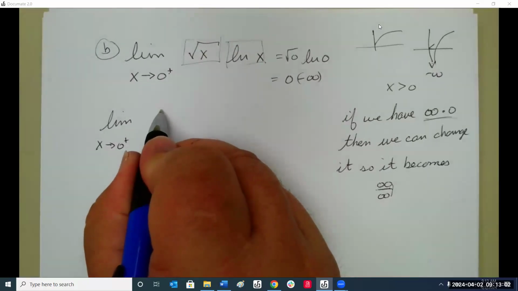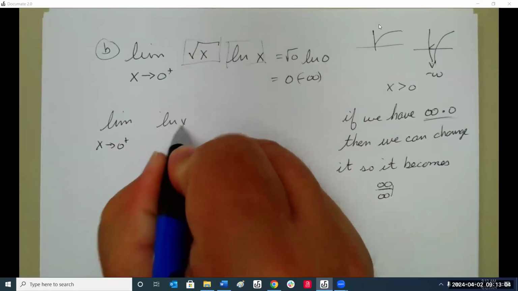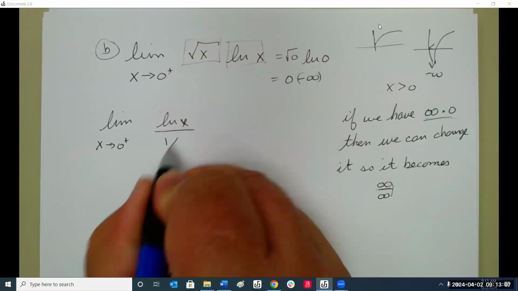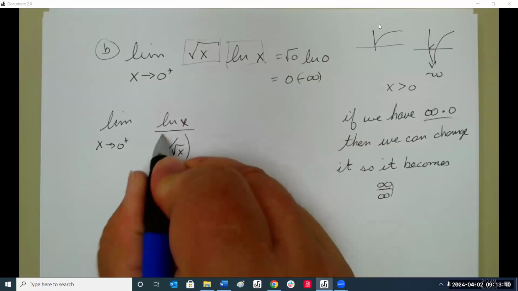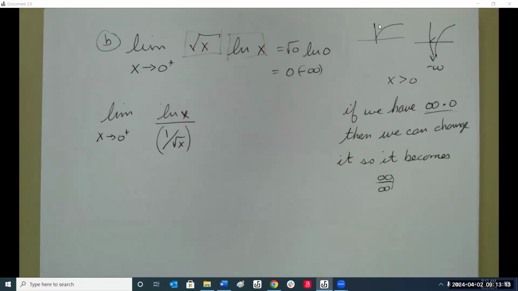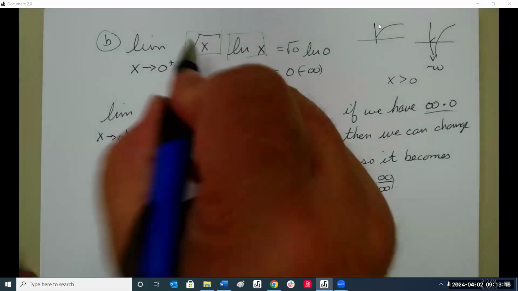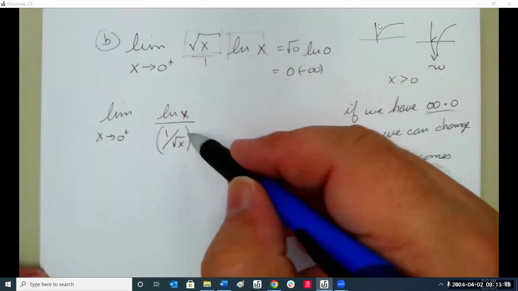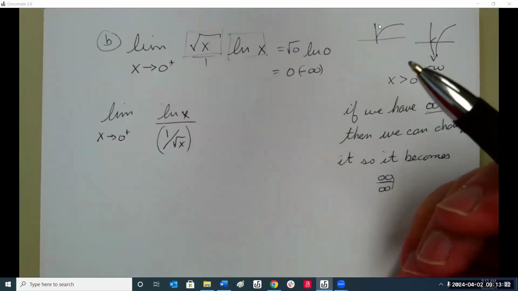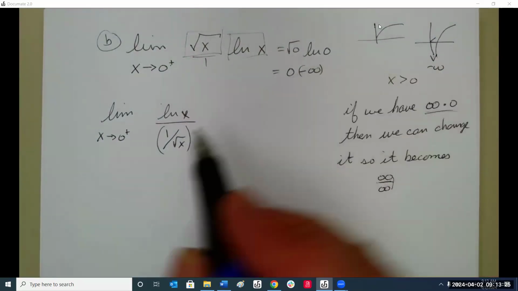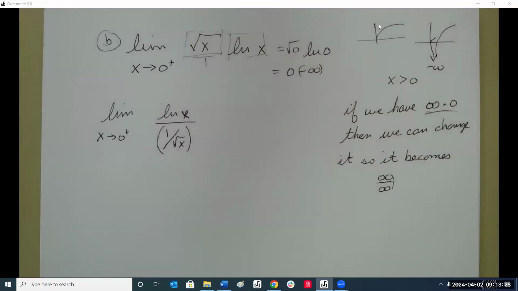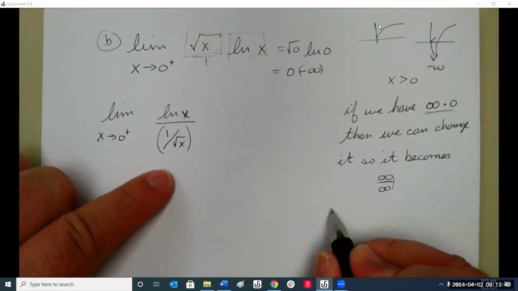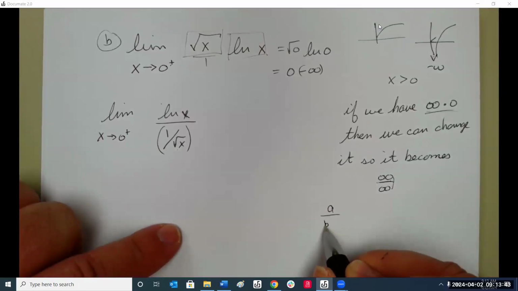This expression can be written as 1 over radical x. It's the same thing, isn't it? Because this is over one. If I put it on the bottom, I reciprocate it. Now we're going to infinity over infinity. You're thinking, if you look at this, we have A on top and B over C on the bottom.